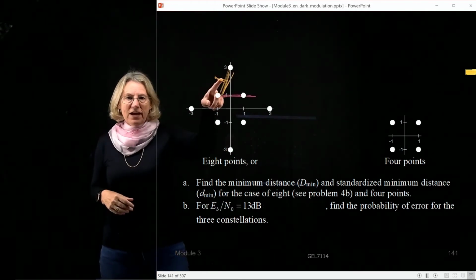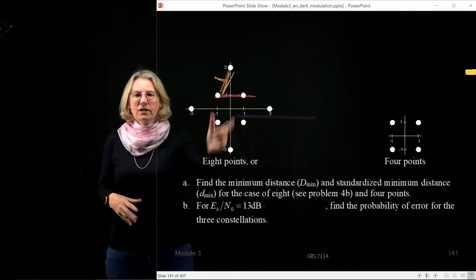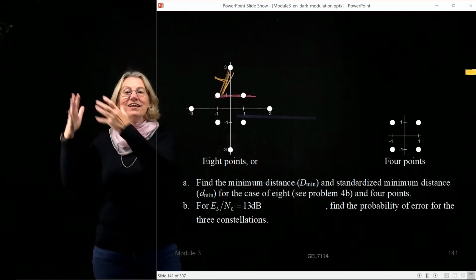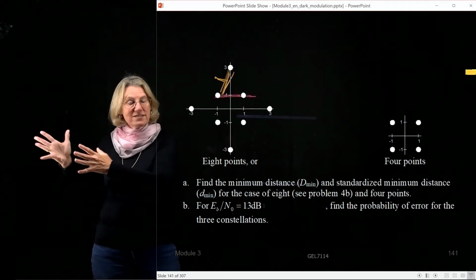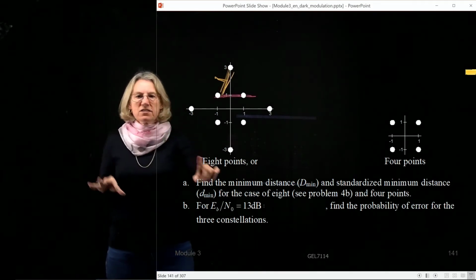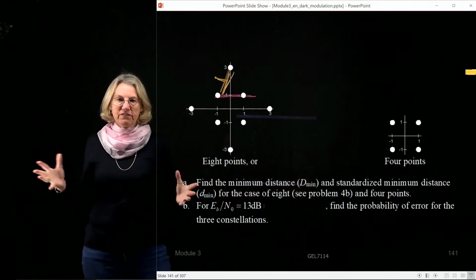And then you would take whatever this d-min is in these IQ coordinates, and you would convert it into that d-min in the signal space. And in the signal space, it'll be a function of Es, or you could write it as a function of Eb. So that's the first part of the question. Find the capital D-min, which will be a function of Es.